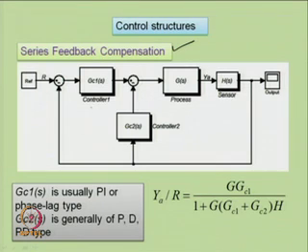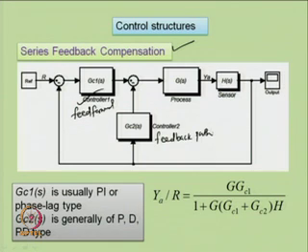Here we have controller 1 in the feed forward path and controller 2 in the feedback path. With the help of this compensation scheme, it is possible to obtain satisfactory set point tracking and disturbance rejections both. That is why it is often also called a 2 degree of freedom control scheme.